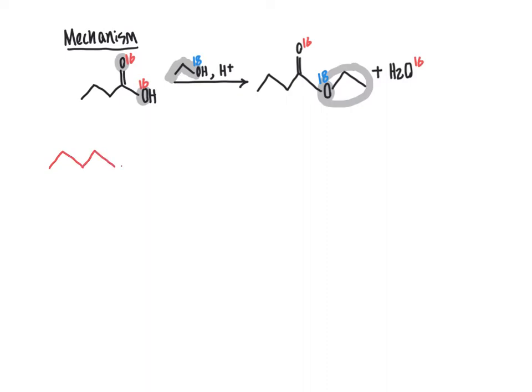So we're going to start with our carboxylic acid starting material, and we will react with our acid first. Acid is the catalyst in this reaction, and so what's going to happen is the first step will be protonation, as is typical when we have a reaction where there is acid present.